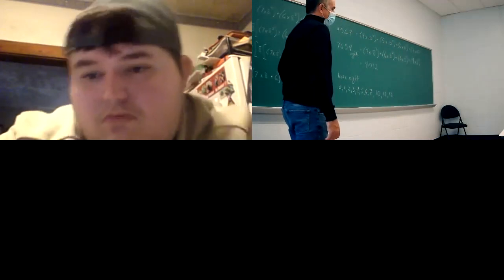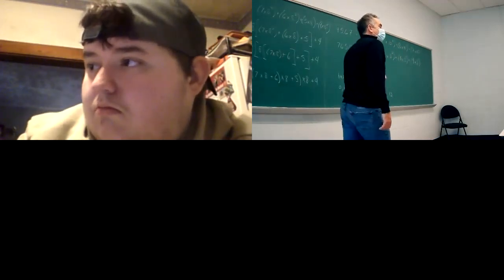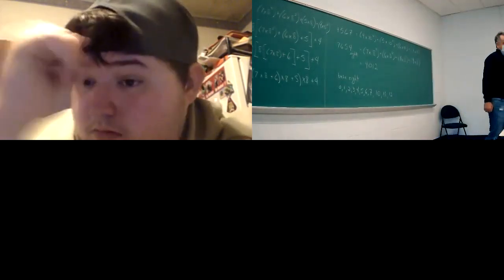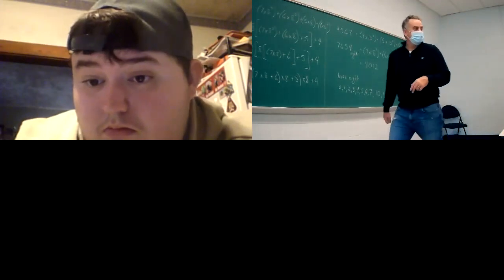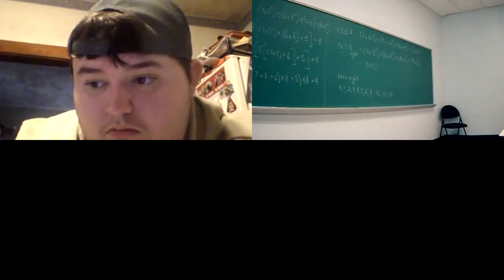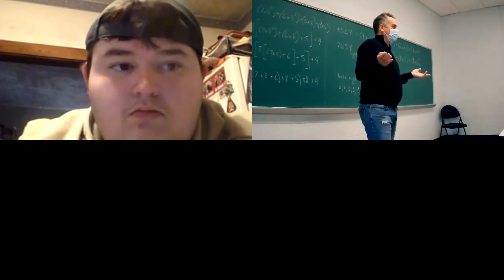So if you were working in base 2, what would be your digits? 0 and 1. That's it. Which is really important for us because that's what computer coding is done with.